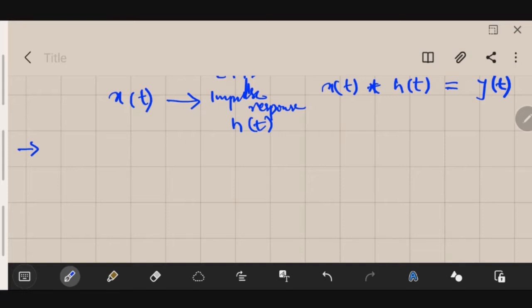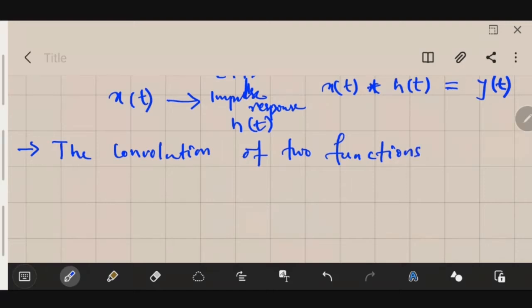So let me write here what convolution is and how it is performed. The convolution of two functions: one of the functions is your input signal here, and the other function is your impulse response. So the convolution of two functions, g of t and w of t.